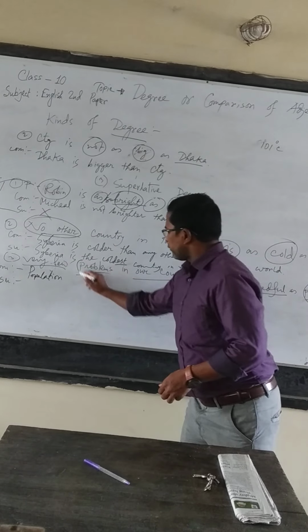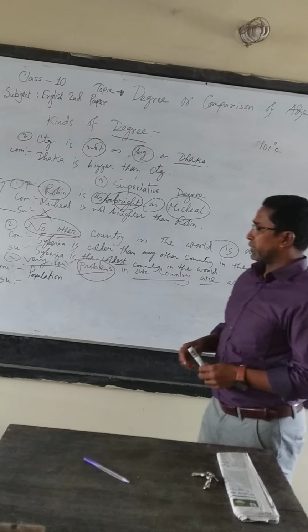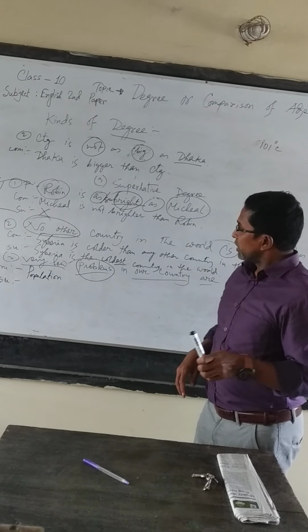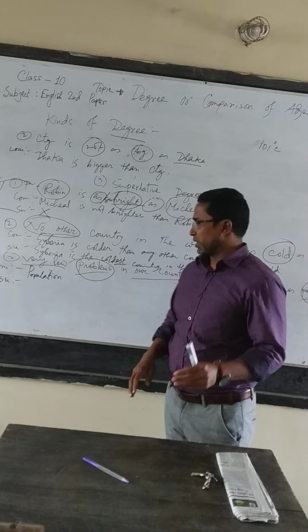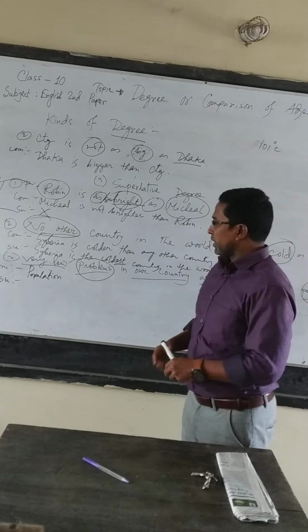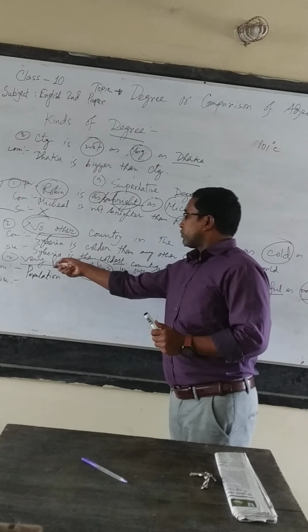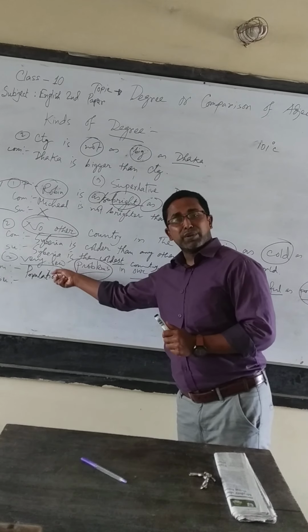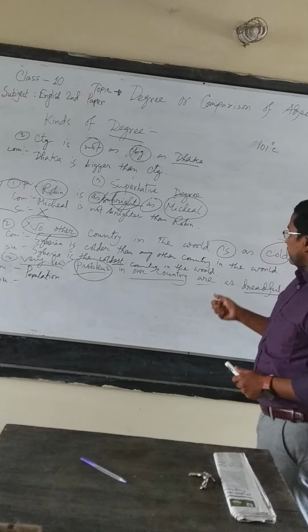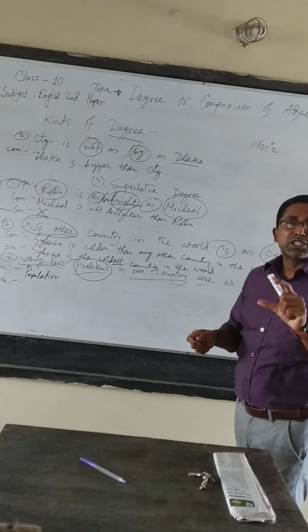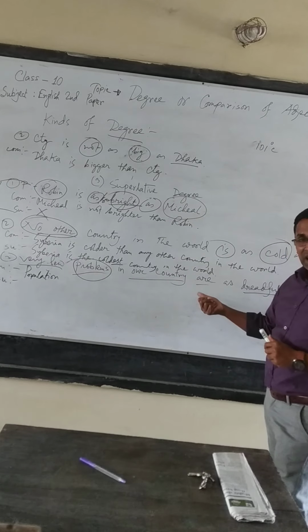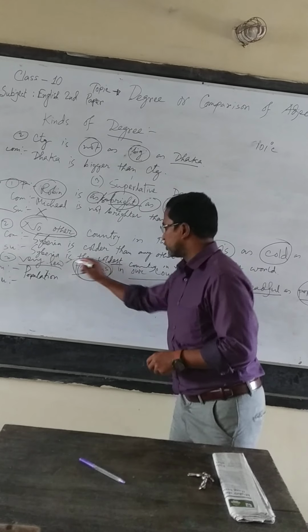Then you can see very few problems. I also taught you in the last class that after very few, we have to use only the plural form of the noun, and then the verb will also always be plural. So here you can see are for very few problems, because it is plural.